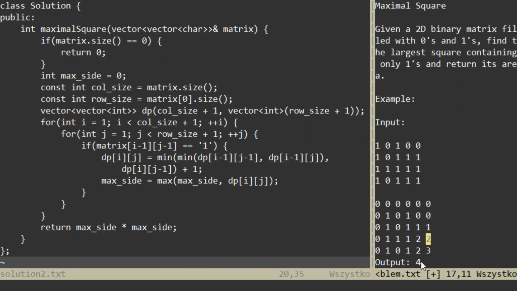So yes, the complexity will be only width multiplying by height of this matrix, and that's all. And also the space will be the same, height multiplying by width.